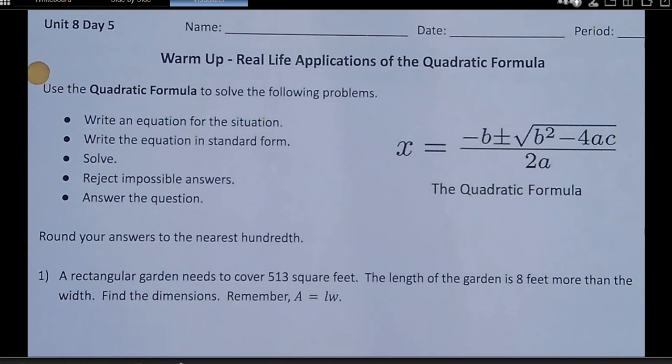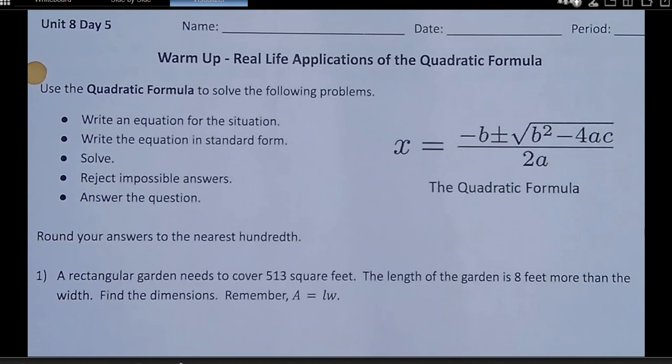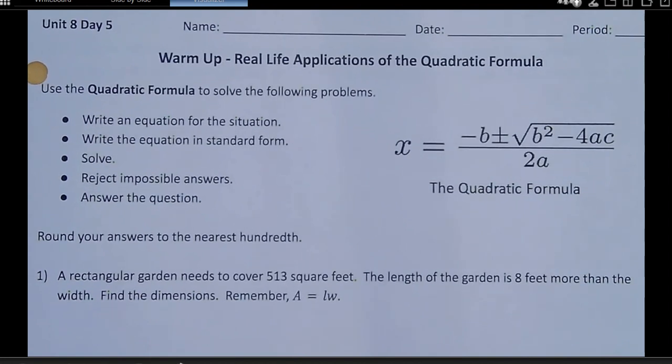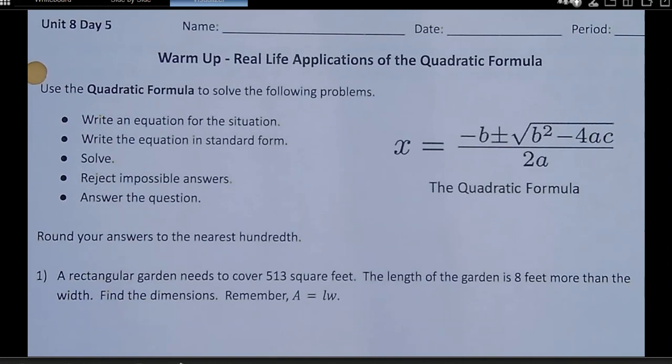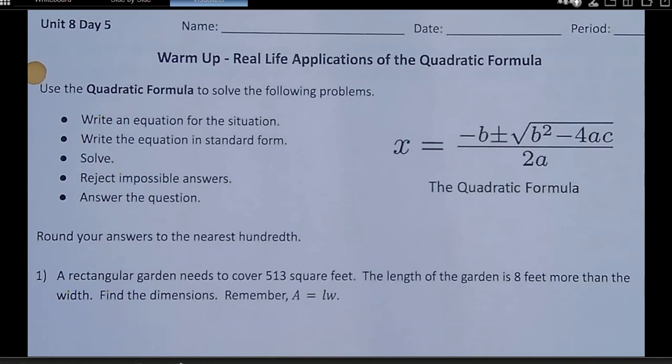All right, each time we're going to read through the problem and write some sort of an equation for the situation. Make sure we have it in standard form and set equal to 0. We're going to solve it. Then we want to think about our answers. Is there anything that's impossible? If so, we're going to get rid of it. Impossible answers are things like negative time.